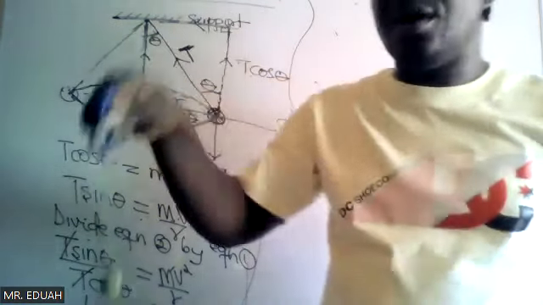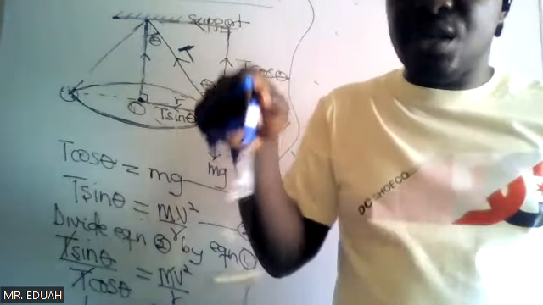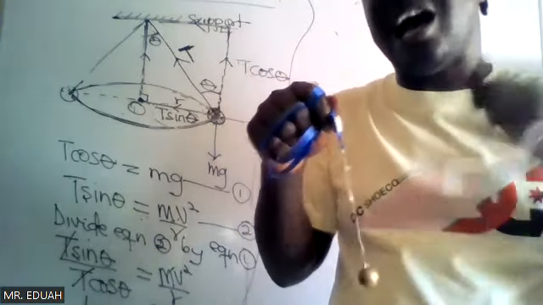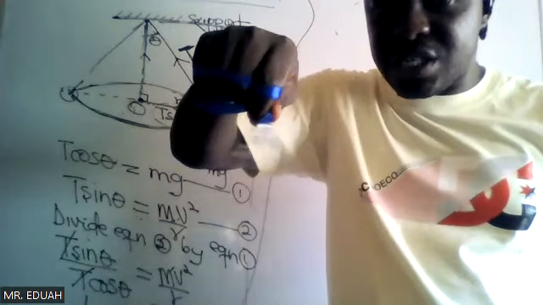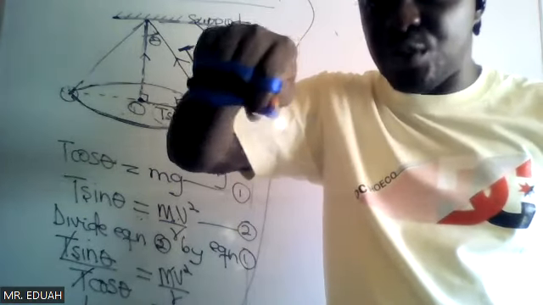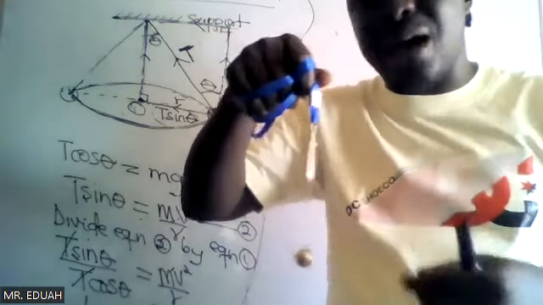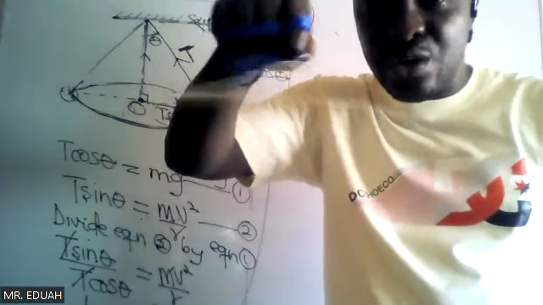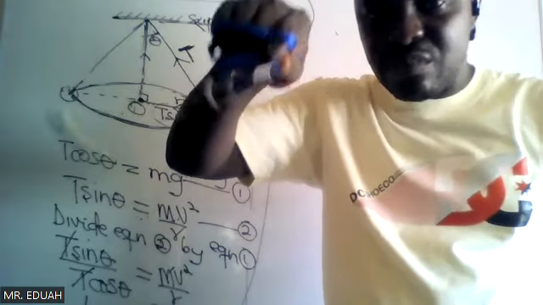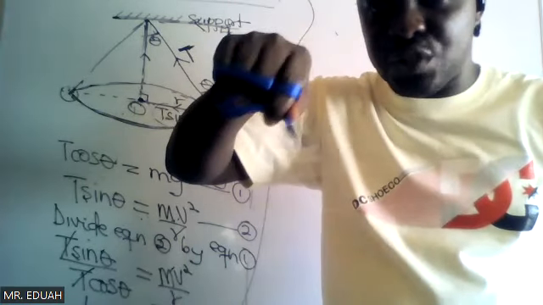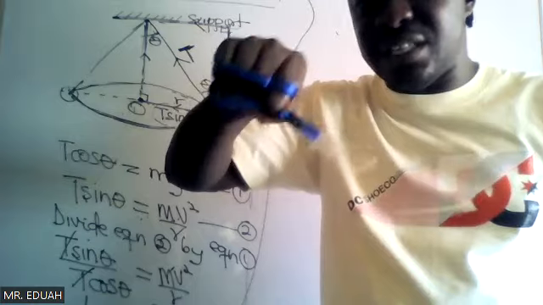Because of this, you can be asked to calculate the angular velocity omega of the revolving body, and you can also be asked to calculate the number of revolutions made within a given time.